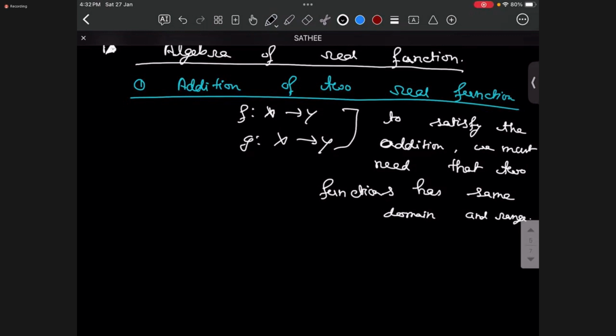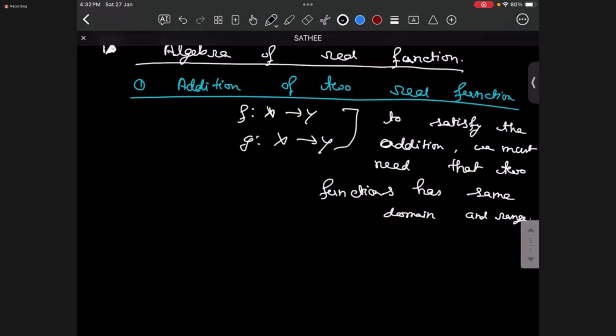Or it can happen that the two functions must have the same domain, and the range can vary. The range is not mandatorily equal, but the superset of the range must be equal, that is the universal set. We have discussed the universal set. So the universal set of the two ranges of f(x) and g(x) must be the same.